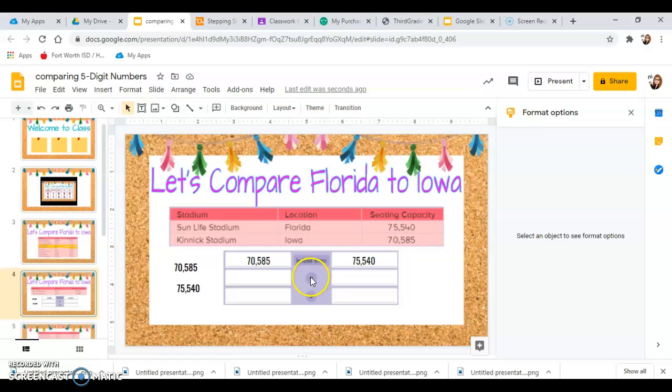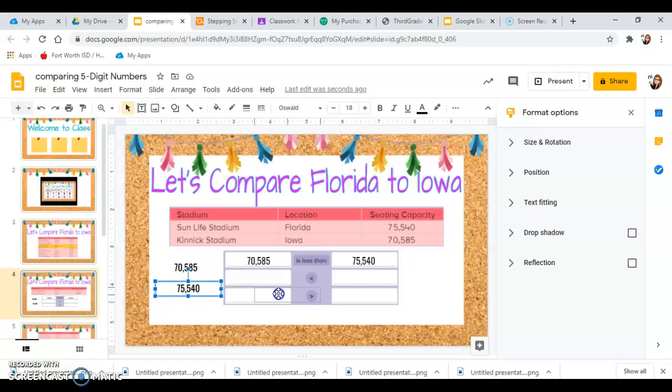So now I need to make sure that I am reading my symbols the right way. Remember that the crocodile always opens to the bigger number. So in this case, the symbol is open towards this side. So I want the bigger number on this side. And remember, we know that 75,540 is the bigger number. So I'm going to move 75,540 to that side.